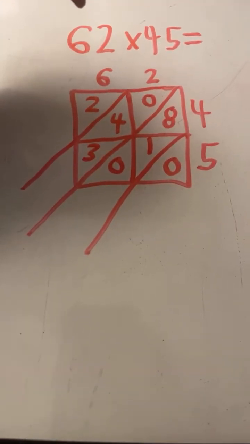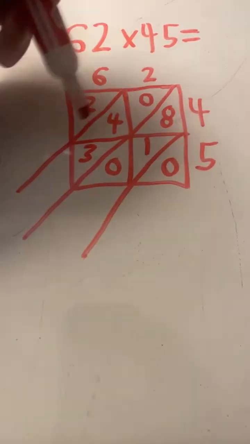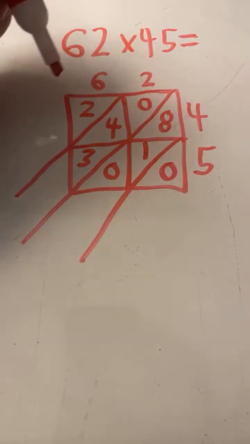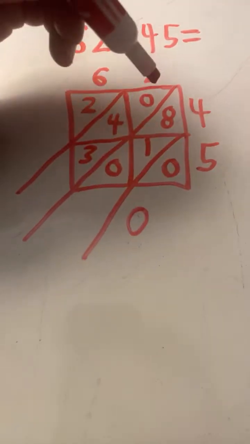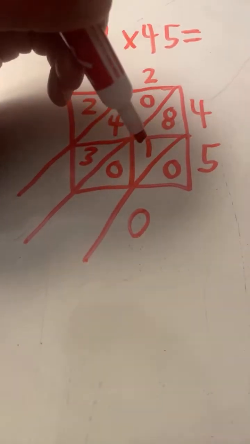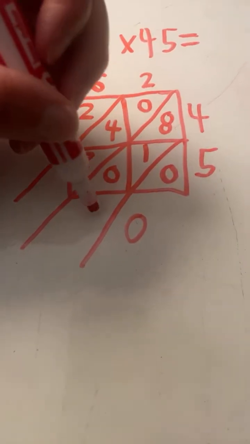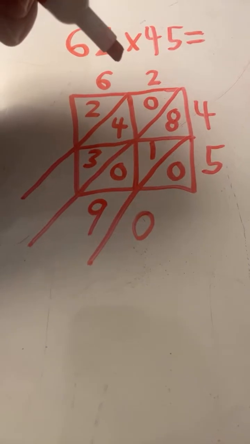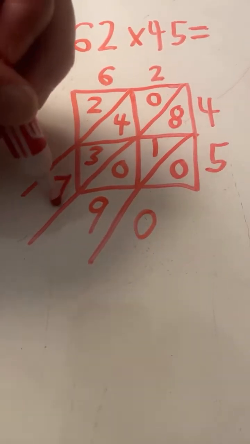Now, we have to add all the numbers within the square together along the diagonal line. So along this diagonal line, we just have a 0. In between these two diagonal lines, we have 8 plus 1 plus 0. 8 plus 1 equals 9. 9 plus 0 still equals 9. 0 plus 4 equals 4, plus 3 equals 7.